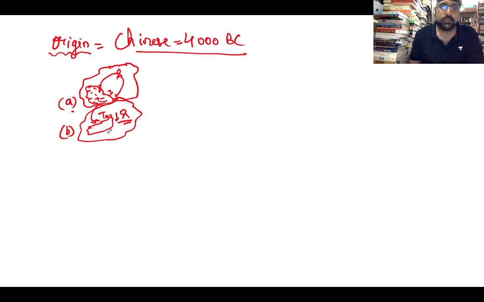Similarly, friends, over a period of time, when we understand the concept of money laundering and its gradual evolution, we also understand that this term can be traced to the modern day US.